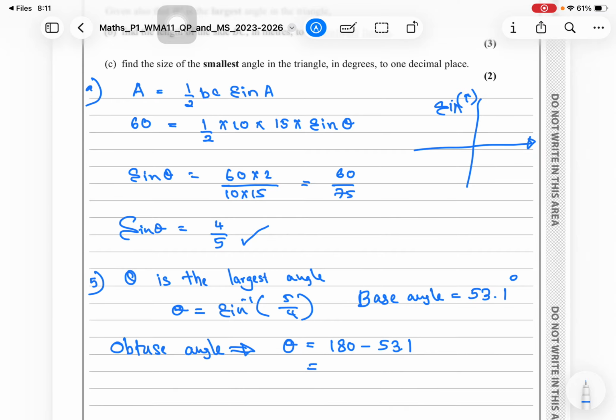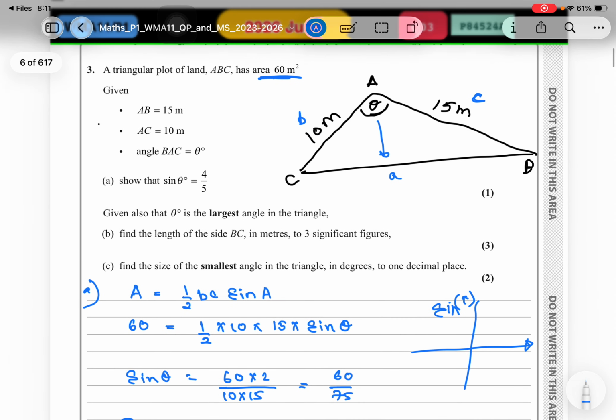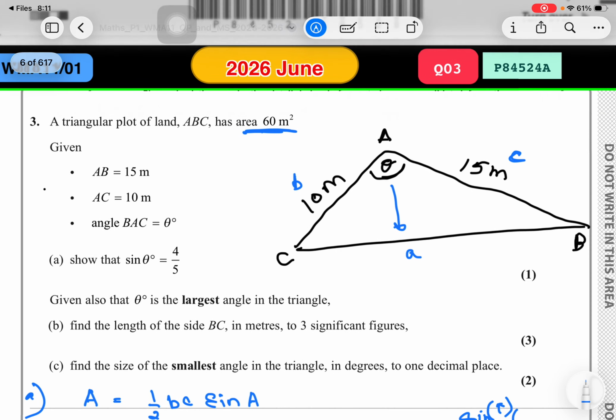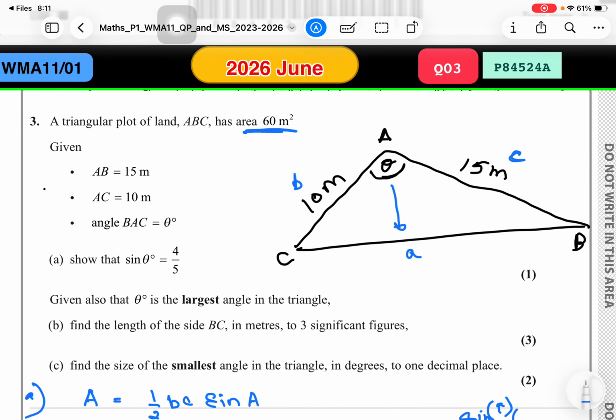Unless they said it's the largest angle, we can't think like that, but since it's a given fact, this is the theta value. Once we know the angle and two sides, we can use the cosine rule to get the other side.